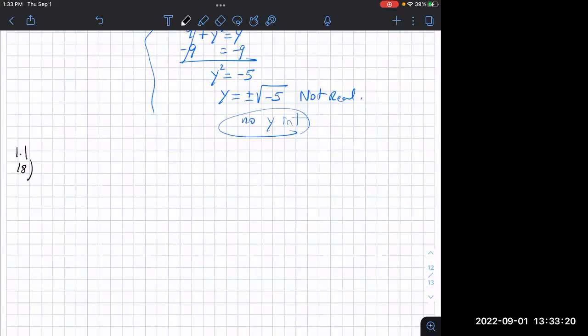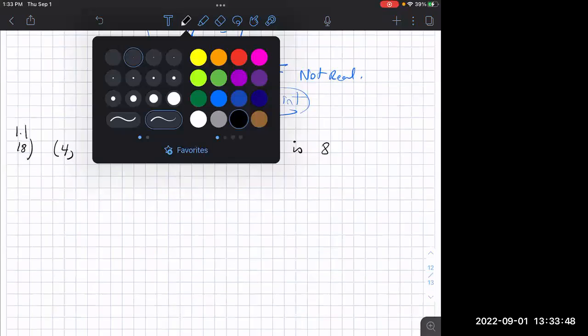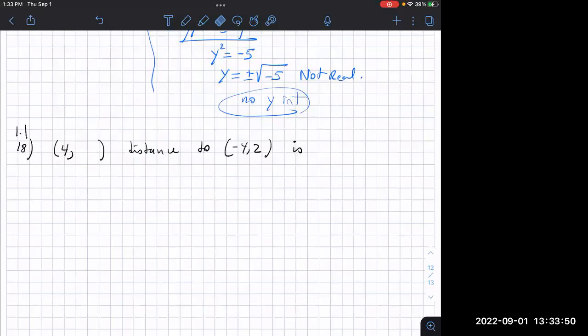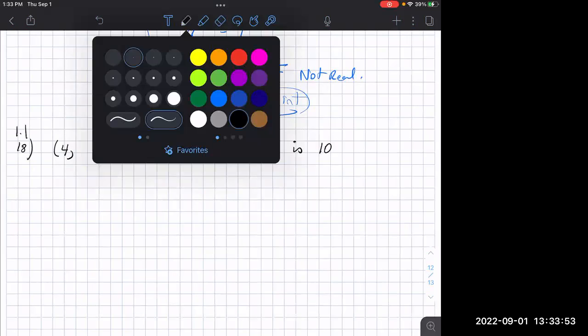So the points have x-coordinate 4, so it's (4, something), and the distance to the point (-4, 2) is 10.